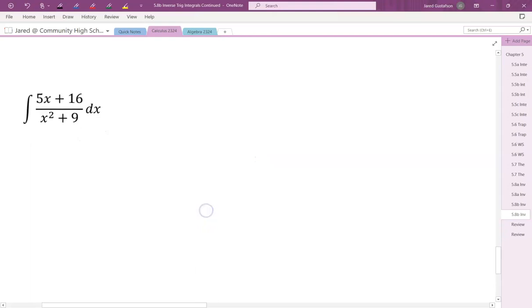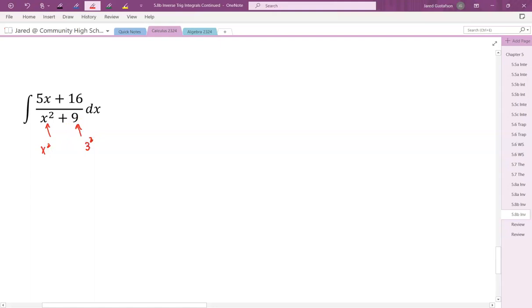Last one. What are some things I'm thinking about right now? Well, I see a quadratic in the bottom. I see a linear thing on top. That's making me think u sub could be a possibility. But I am also noticing that this is x squared and this is 3 squared.